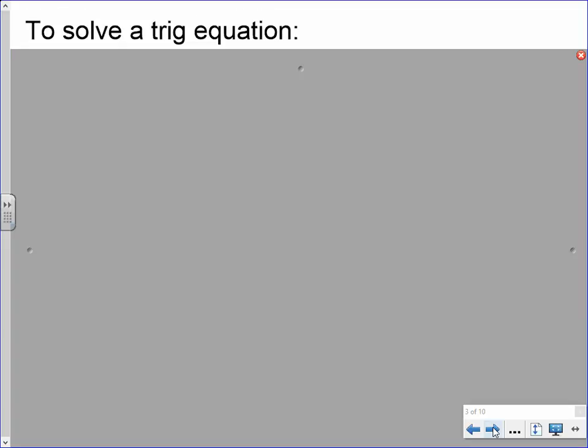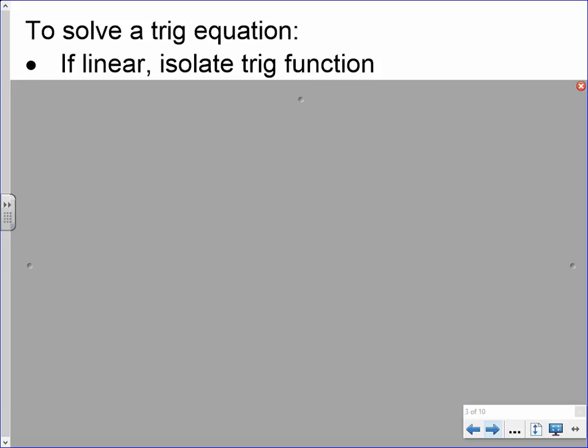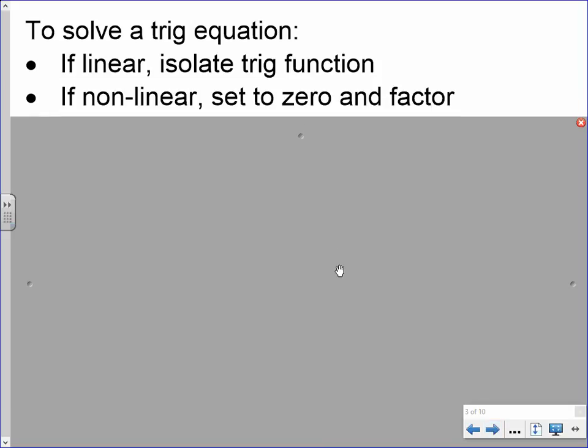First of all, we're going to go back to our Algebra 1 ways. If it's a linear trig equation, we're going to isolate that linear piece. Back in Algebra 1, if it was linear, you got x by itself. So here we have a trig function. If it's linear, we're going to get that trig function by itself. Sine, cosine, tangent, whatever it may be. If it is not linear, then you need to set it equal to 0 and factor.